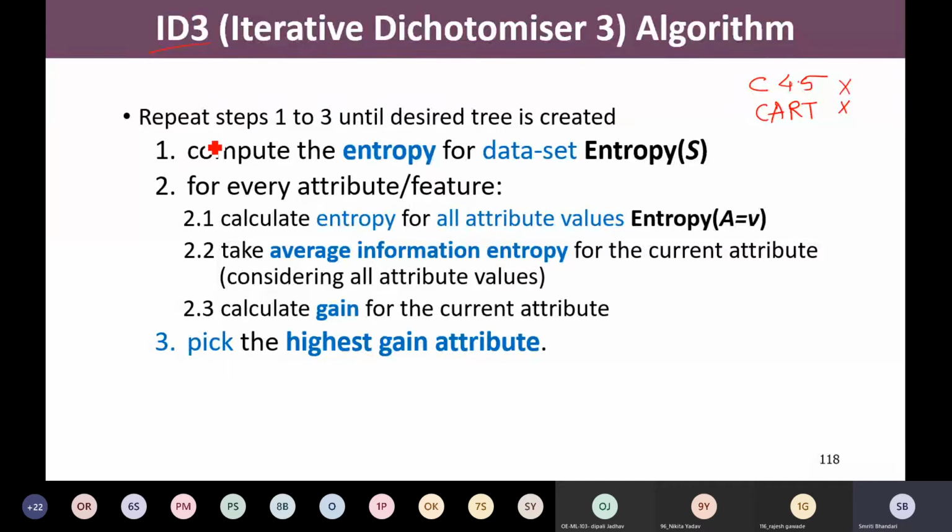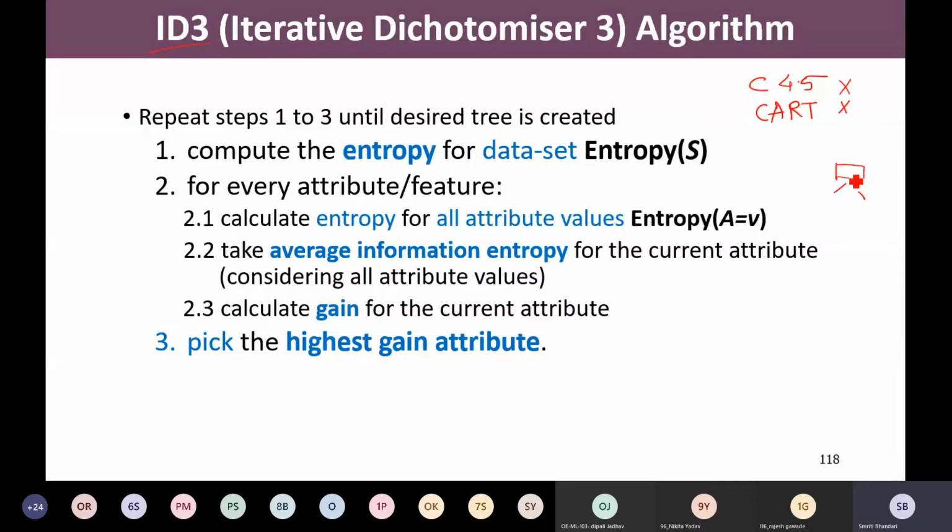There are three important steps in our ID3 algorithm. This ID3 algorithm is typically meant for selecting a decision node. While building a decision tree, if you remember how our decision tree looks, we have the root node, which is a decision node and contains some attribute.